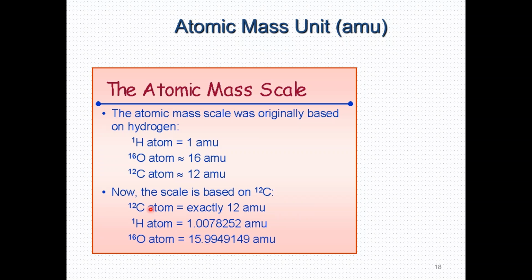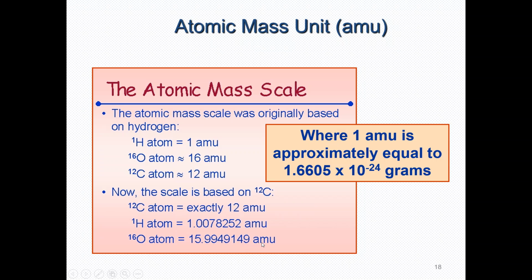On this basis, one hydrogen atom is equal to 1.00785252 AMU, and the oxygen atom, oxygen 16, is equal to 15.9949149 AMU.